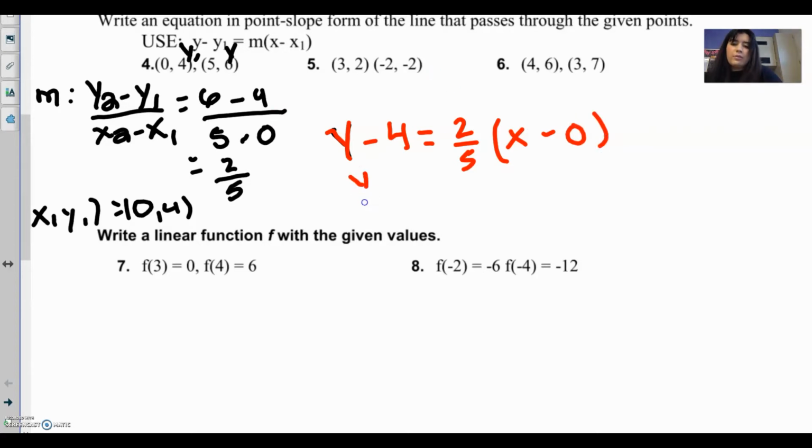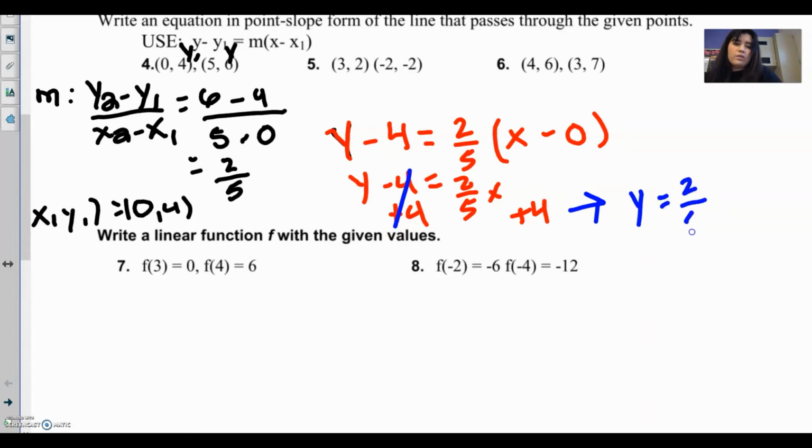So now we're going to just solve and distribute. 2/5 times x becomes 2/5 x. 2/5 times 0 is 0. We're going to leave that off because we do not need that. Then we're going to add 4. These will cancel. Our line becomes y equals 2/5 x plus 4.